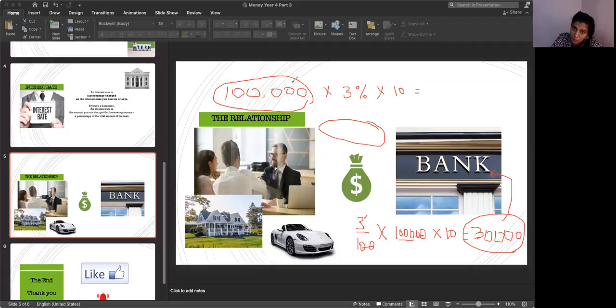Now, don't forget, you also have to pay your 100,000. So this 100,000 and this 30,000 will combine to become 130,000. Okay, and the bank agent will divide this number by 10 years and divide it again by 12 months to tell you how much you must pay per month. All right, probably it's going to be 1,000 over.